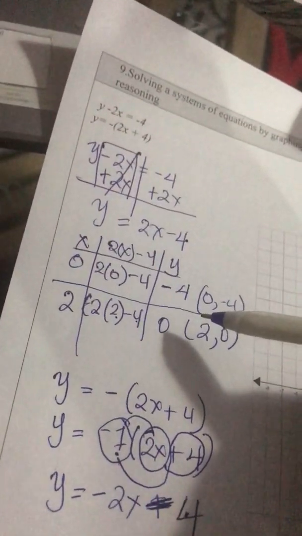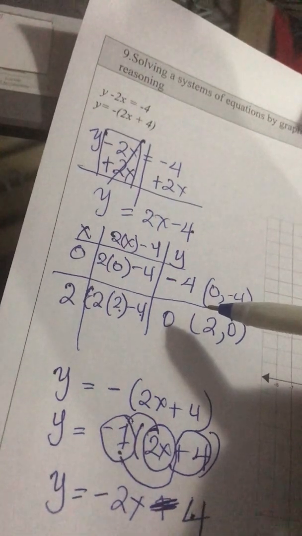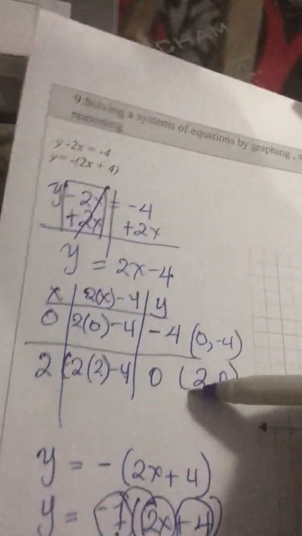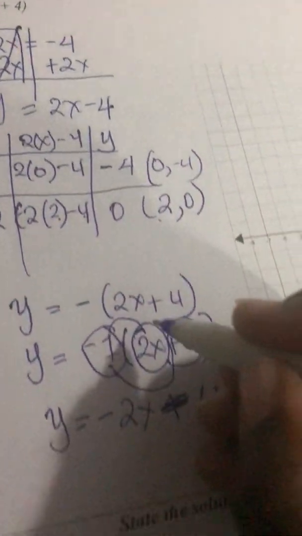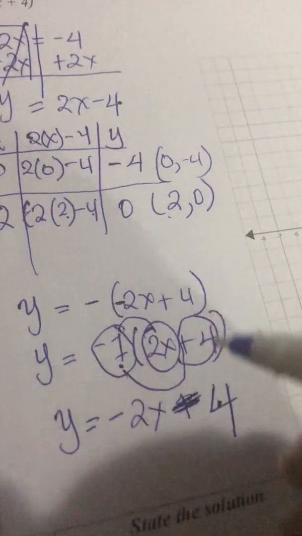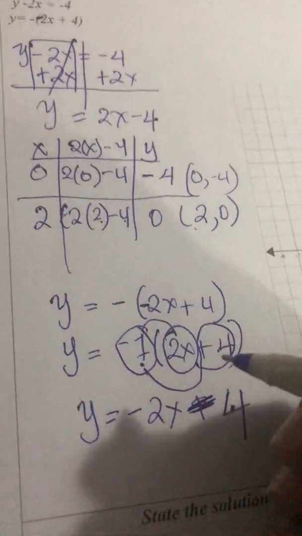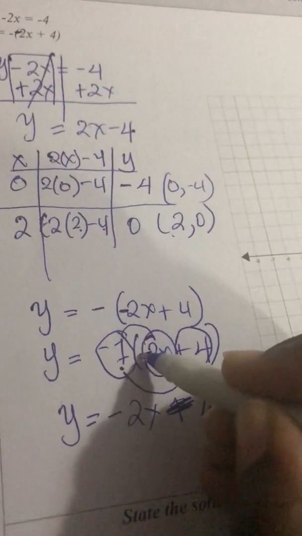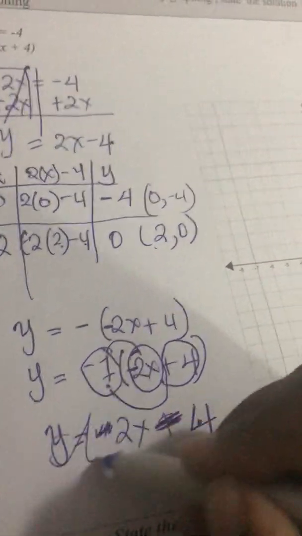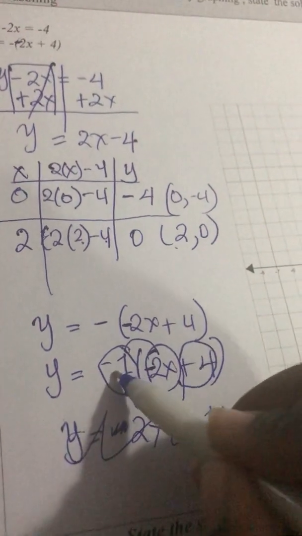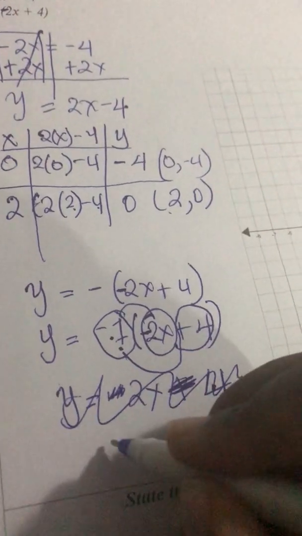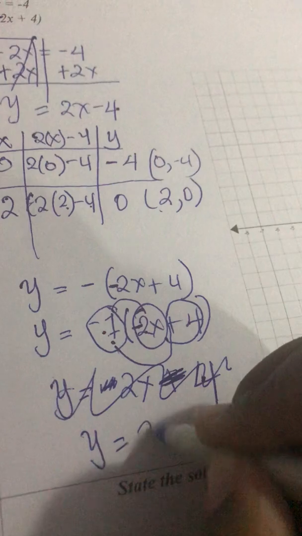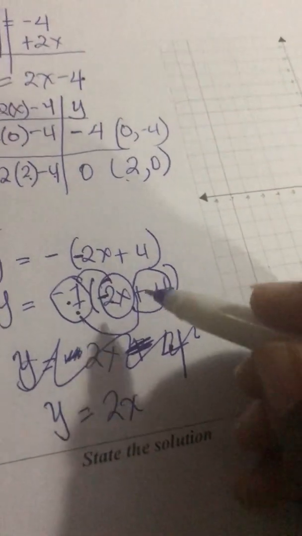Did I write the correct equation? No, there's supposed to be a negative here. Sorry about that. Okay. So now, negative 1 times negative 2, y equals to 2x.